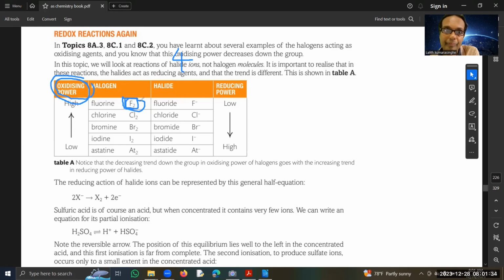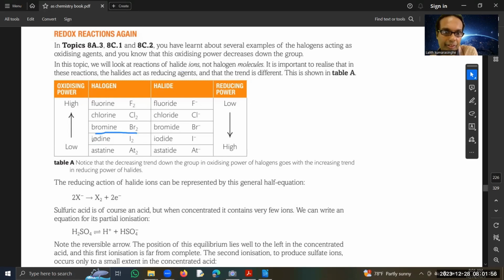So it's a good oxidizing agent. Now, when you go down, for example, iodine, we call them good reducing agents. Iodine is a good reducing agent. It can reduce others. Okay. I'll go with that.